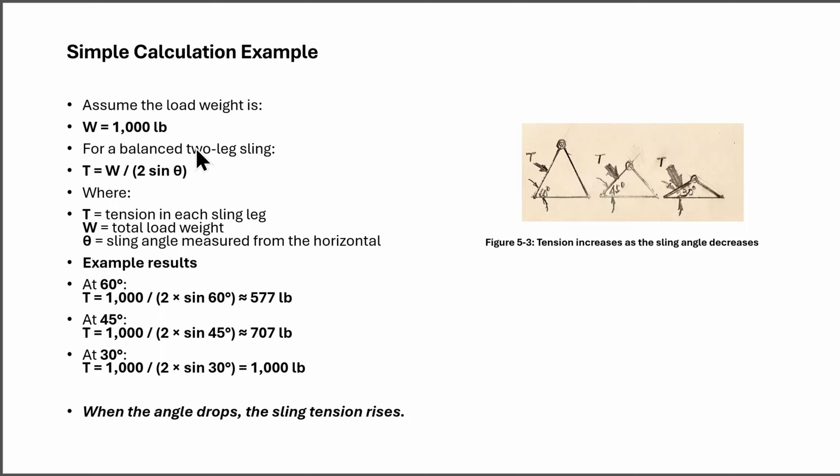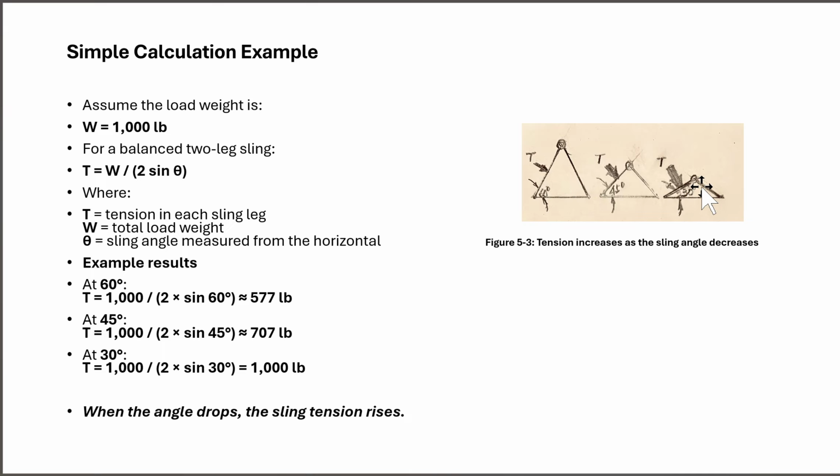For the balanced two-leg sling, T equals W divided by 2 times sin theta, where T is the tension in each sling leg, W is the total load weight, and theta is the sling angle measured from horizontal. Here, horizontal at different degrees: 60 degrees, 45 degrees, 30 degrees.